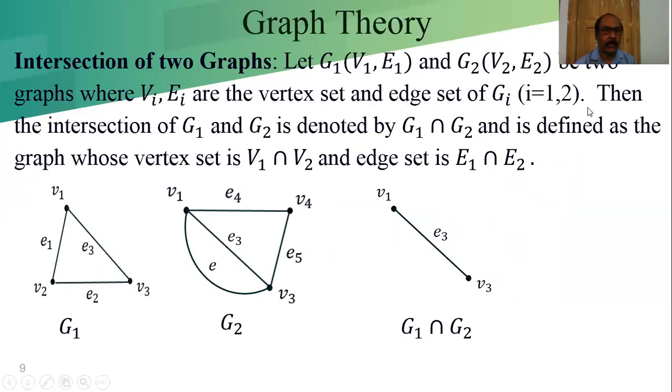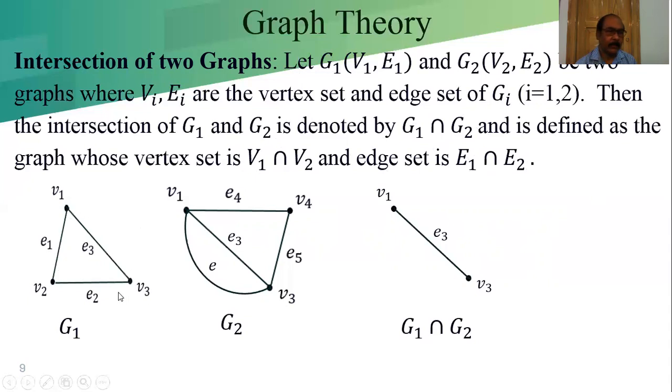Then the intersection of G1 and G2 is denoted by G1 intersection G2 and is defined as the graph whose vertex set is the intersection of V1 and V2 and whose edge set is the intersection of E1 and E2.